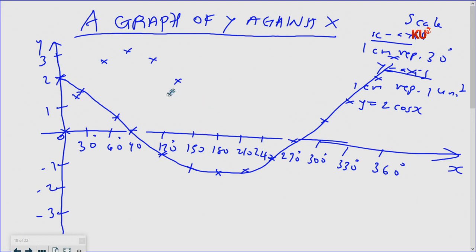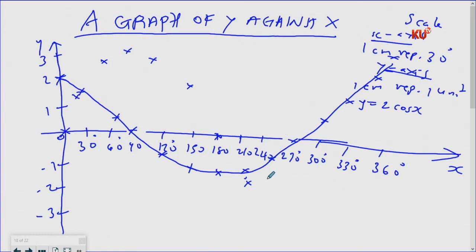So I can wrap this and say 150 should be somewhere there. 180. When x is 180, y should be 0. Very good. When x is 210, negative 1.5 should be somewhere there. Negative 1.5. Then that was for 210.